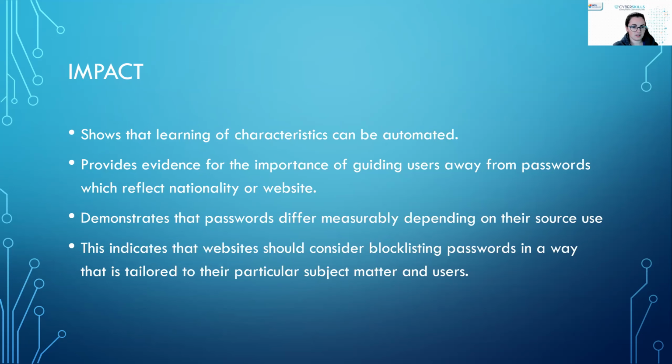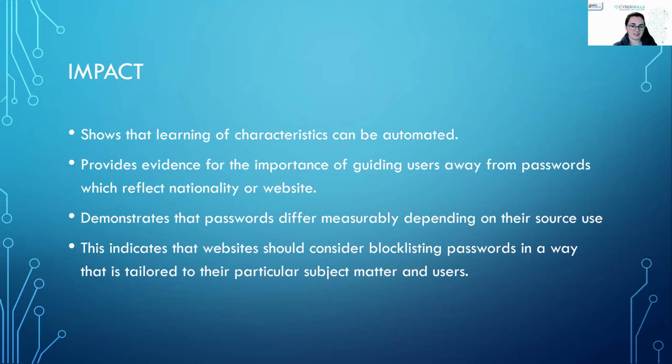So it does show that learning characteristics can be automated, and it also provides evidence for the importance of guiding users away from passwords which reflect nationality or website, because it is clearly identifiable. And also it demonstrates that passwords are measurably different depending on their source use.